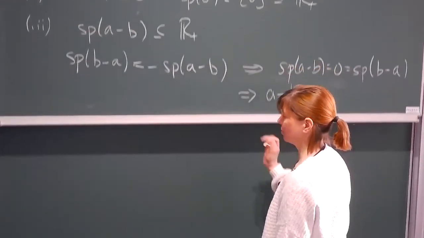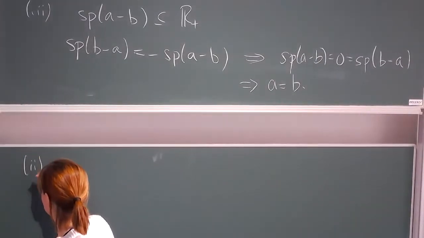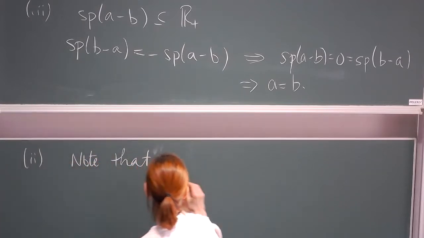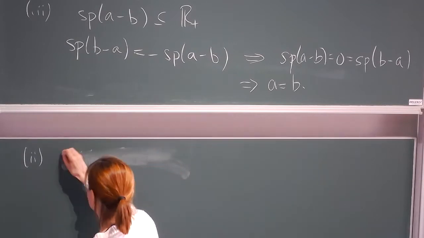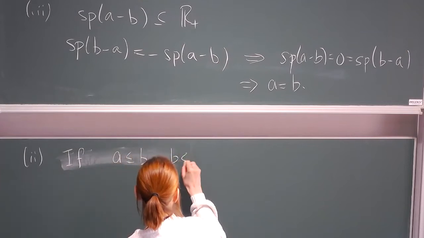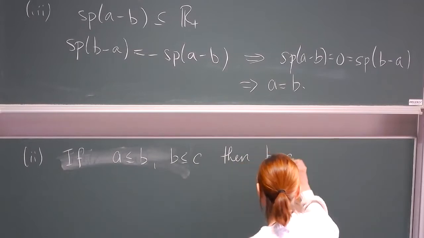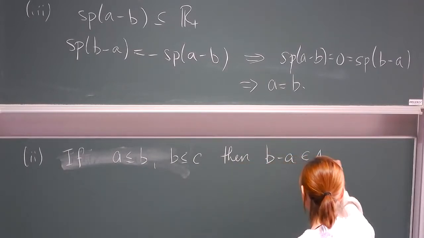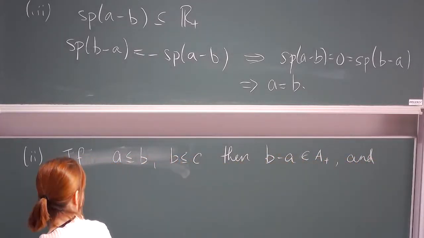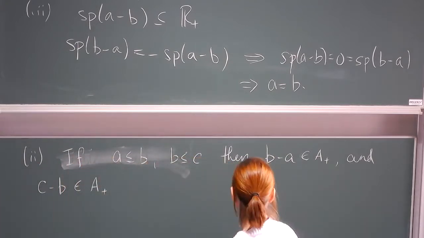For transitivity, note that, so what is the assumption here? If A is less than B, B is less than C, then B minus A is positive, and so is C minus B. And we want to show that C minus A is positive.